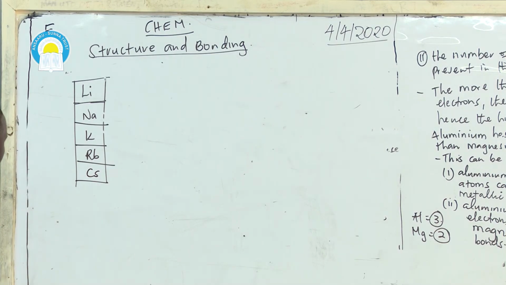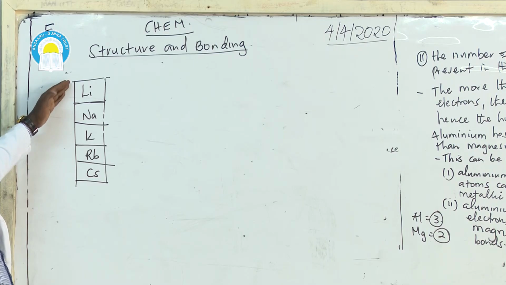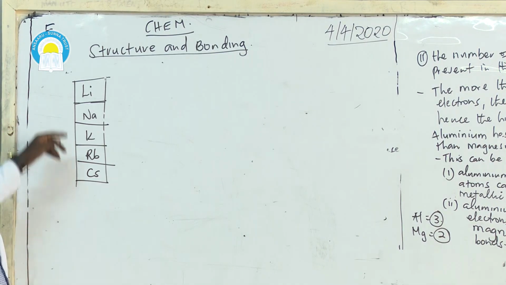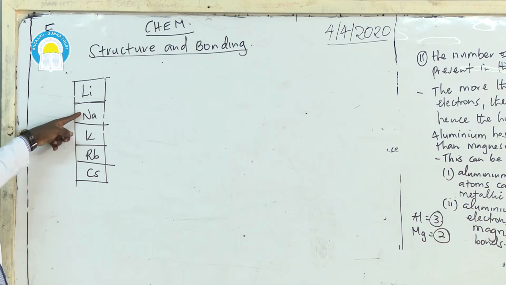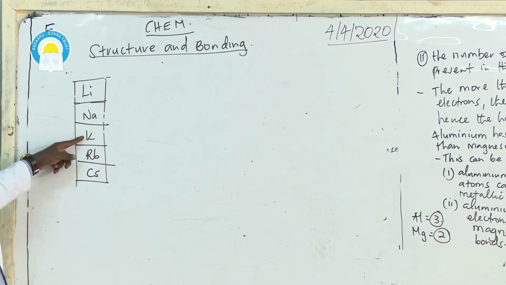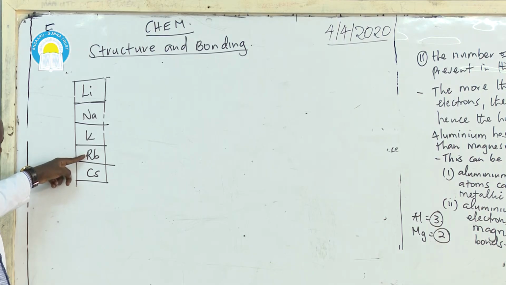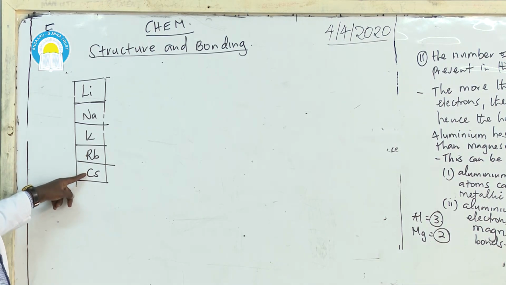When you look at group 1 metals, the atomic size increases down the group. So lithium is smaller than sodium. Sodium is also smaller than potassium in size. Potassium smaller than rubidium. Rubidium smaller than cesium.